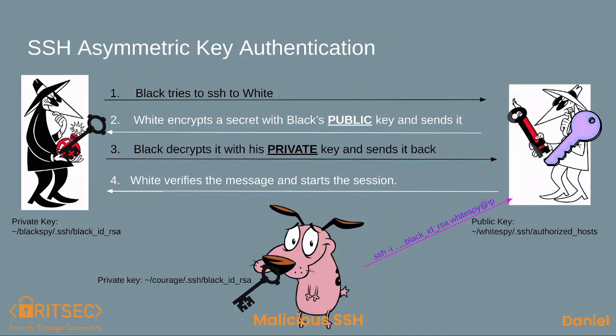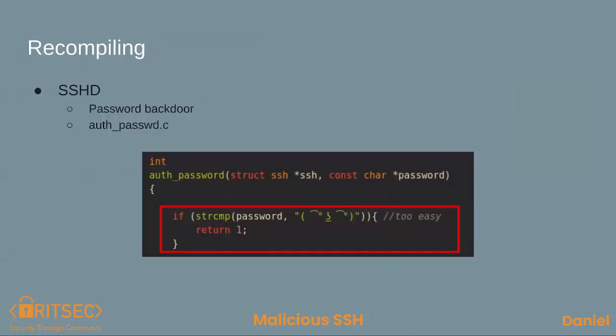Along with SSH, you can just recompile the binary. You can do this with a lot of things because it's open source. So just go to GitHub, clone OpenSSH, and then you can edit the code however you want and recompile it. You can do that for all sorts of things on Linux. So you can recompile SSHD, the service, so this is the listener.